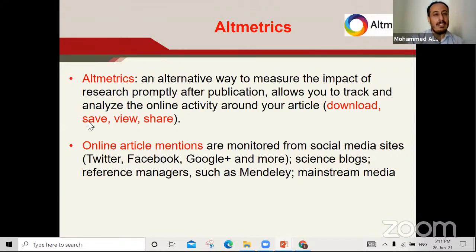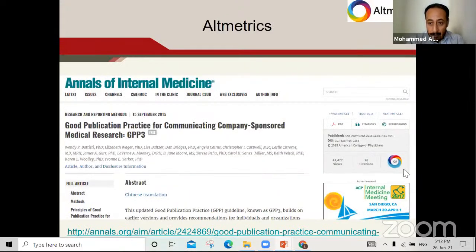I mentioned the impact factor of the journals. Most journals have started to have other tools, not just impact factor. Altmetrics will give us an indication of how many times your article was downloaded or viewed or shared or saved. Those are a few examples. Have you seen those in the journals? If you remember when I told you during the editorial process, there is a guideline for us as editors. I just got this article.